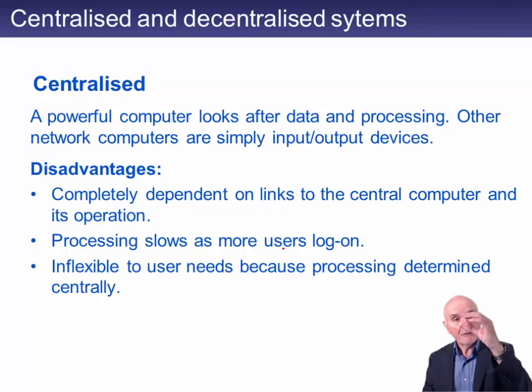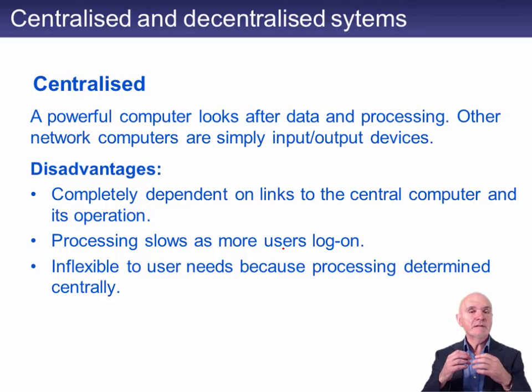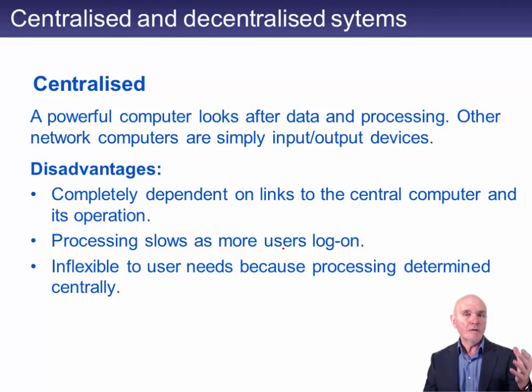And finally, and actually quite important from a strategic point of view, the programs, not just the hardware, but the programs run in a centralized system tend to be determined centrally. And the budget is determined centrally. And this means that if you have a subsidiary or a branch which needs extra processing power, is convinced that a new type of programming, a new approach is going to be a really good strategy for them, they can't just go out and buy and install that locally.